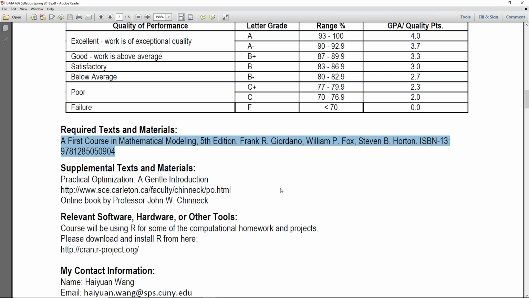And then there is a supplemental text and material, which is from this section. We only use it for the integer program, but feel free to read them as well for some of the relevant topics.